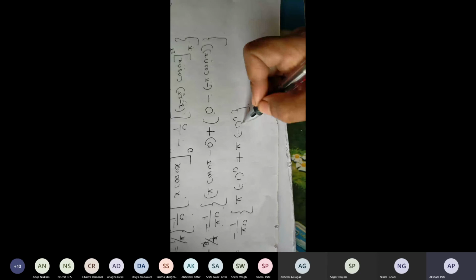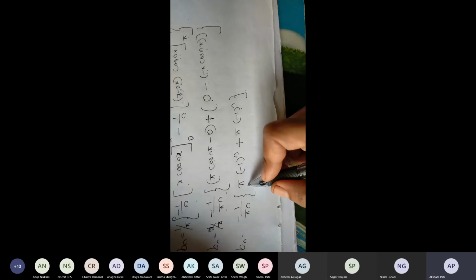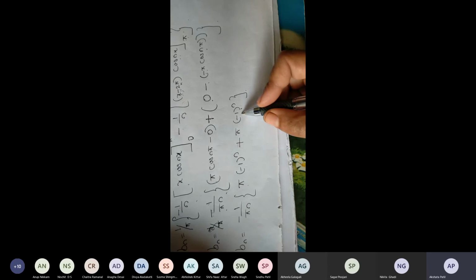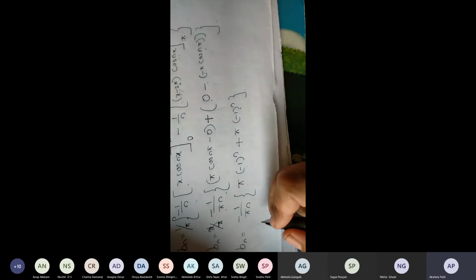Now here pi into minus 1 raised to n plus pi into minus 1 raised to n. Is it 2 times pi into minus 1 raised to n? Minus 1 divided by pi into n, 2 times pi of minus 1 raised to n. Is it right? Yes or no?